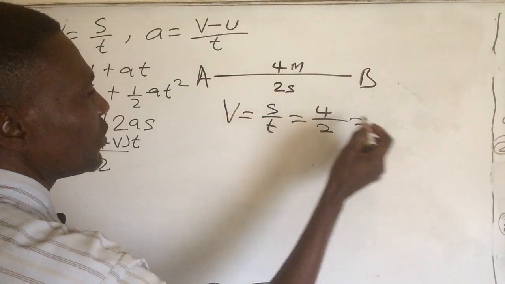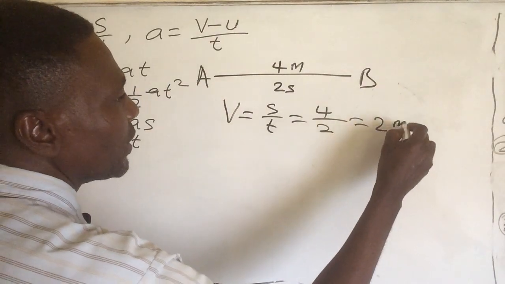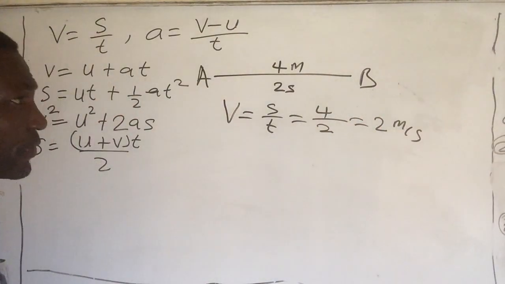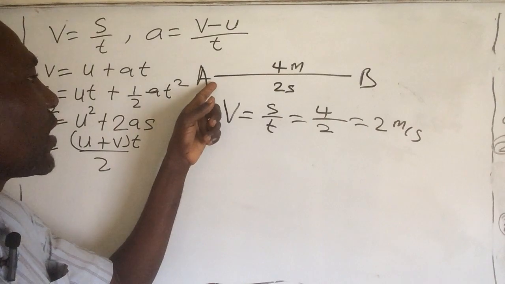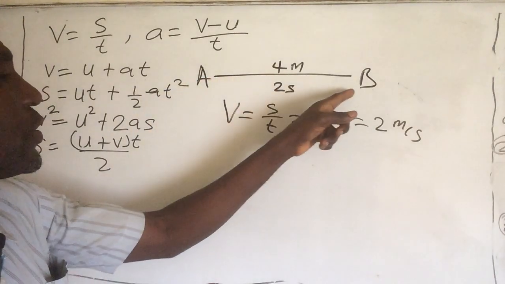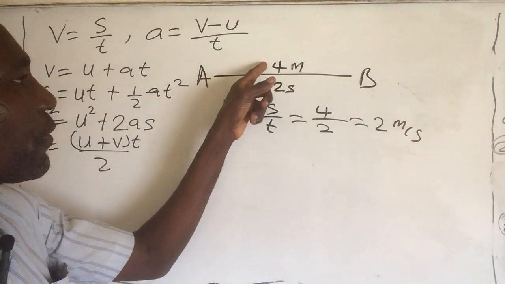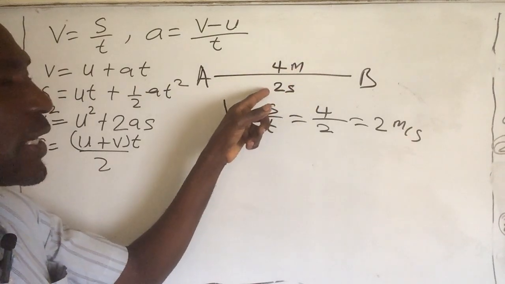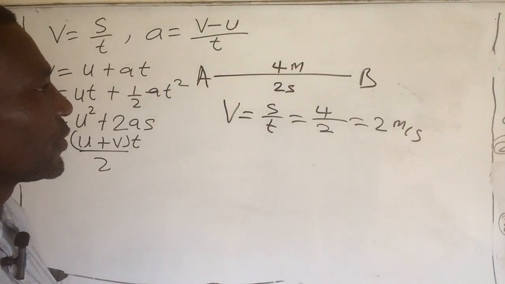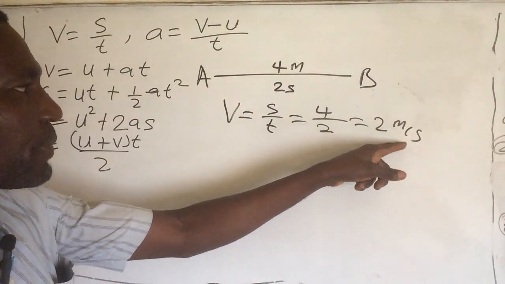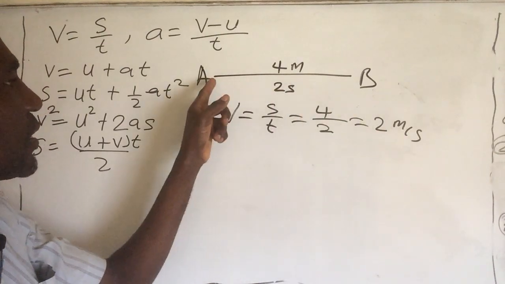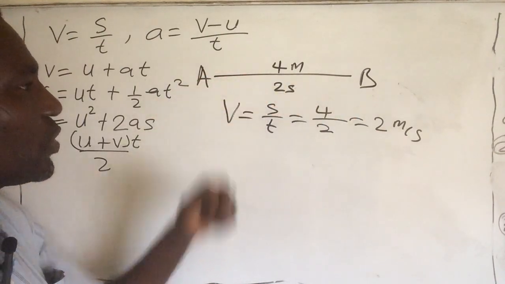When you divide, it will be 2 meters per second. So in order for a car to travel from A to B, which is a 4-meter distance, it will take the car 2 seconds. So the car will be at a speed of 2 meters per second before it can travel from A to B in 2 seconds.